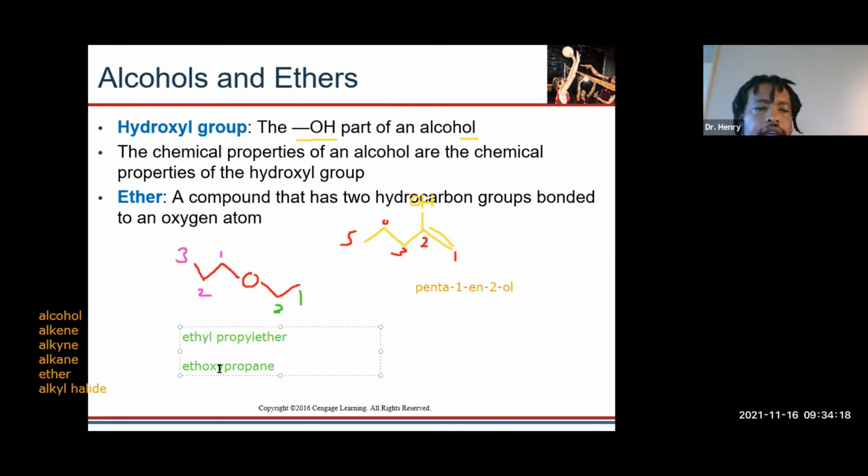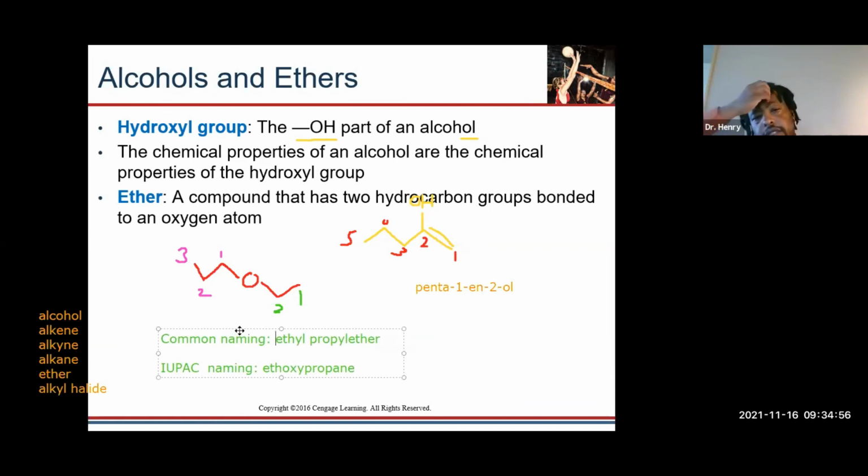So it'd be called ethoxypropane. Okay, so the second way is the IUPAC system, and the upper part is called the common name. Questions? Which one seems easier to you guys?